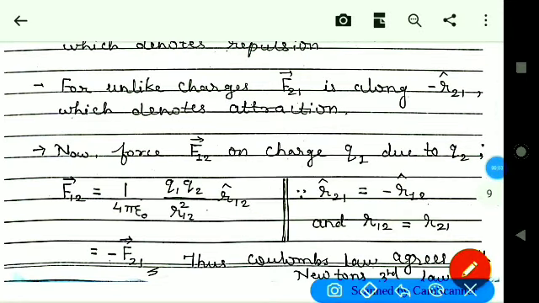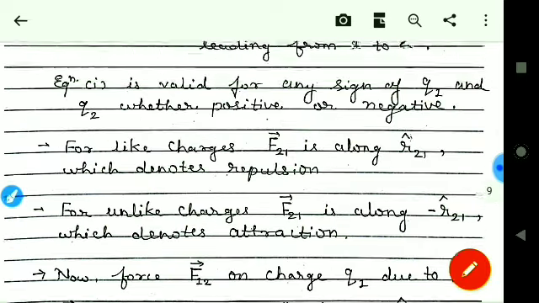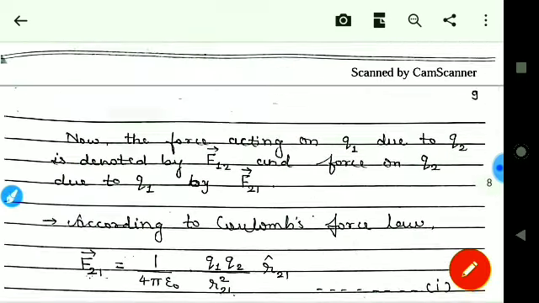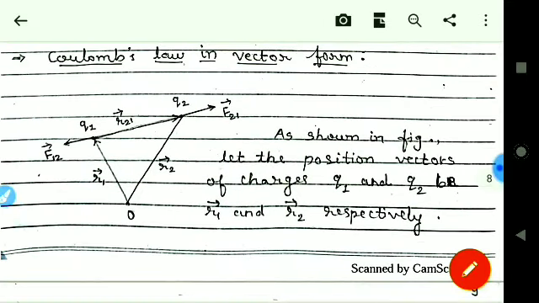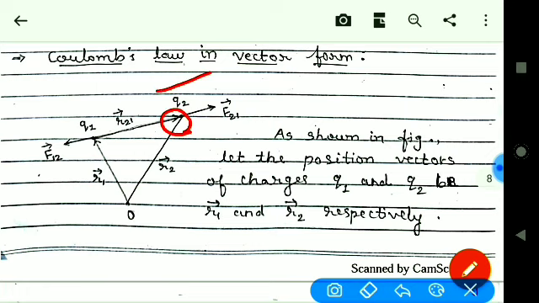Now if the charged particles are unlike, that is, if one is positive and the other is negative, then the force acting between these two charged particles will be attractive. So, in this case, the force acting on the second charged particle will be towards 1.